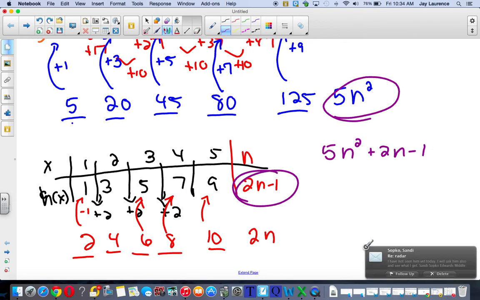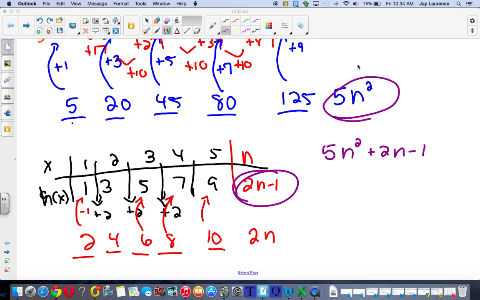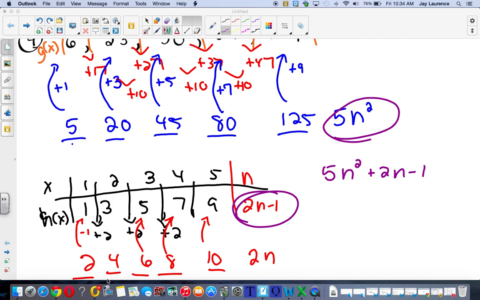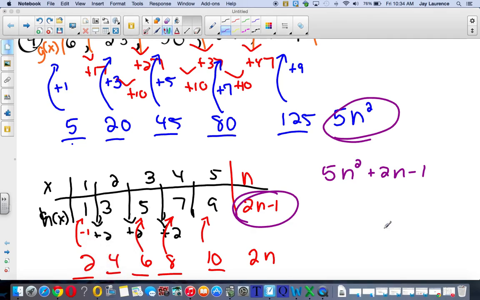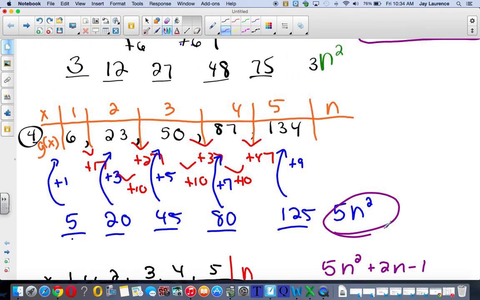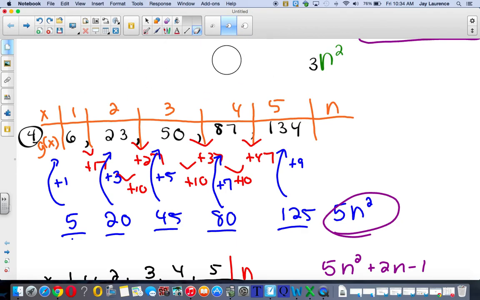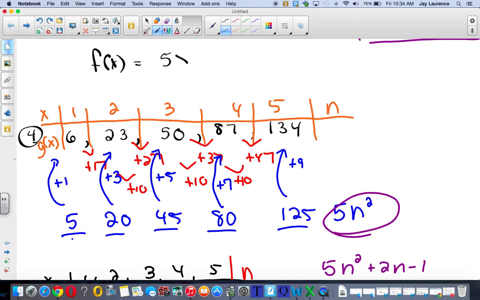Okay? If that's the case, that means the function, if I'm right, the function should be 5x squared plus 2x minus 1.